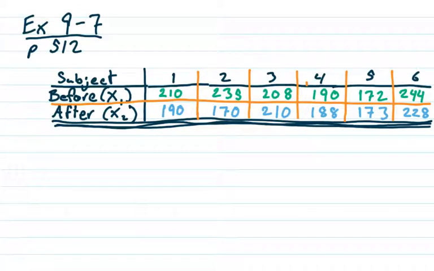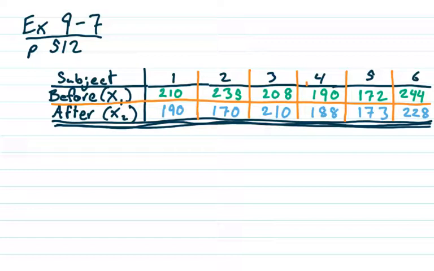If I'm a subject, they need to keep my before figures together with my after figures, or else they'll mess up the test. So that means that these samples are dependent. The first data value is my before, and so automatically the second data value has to be, there's only one choice, my after reading.